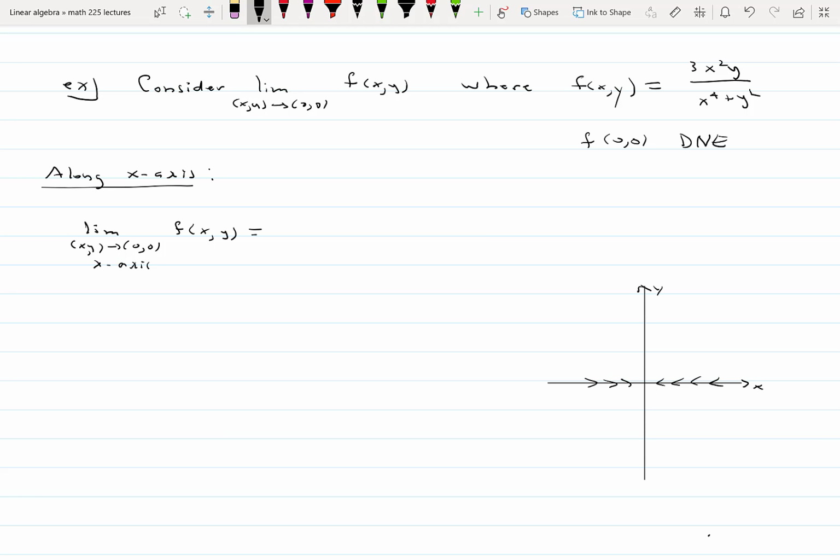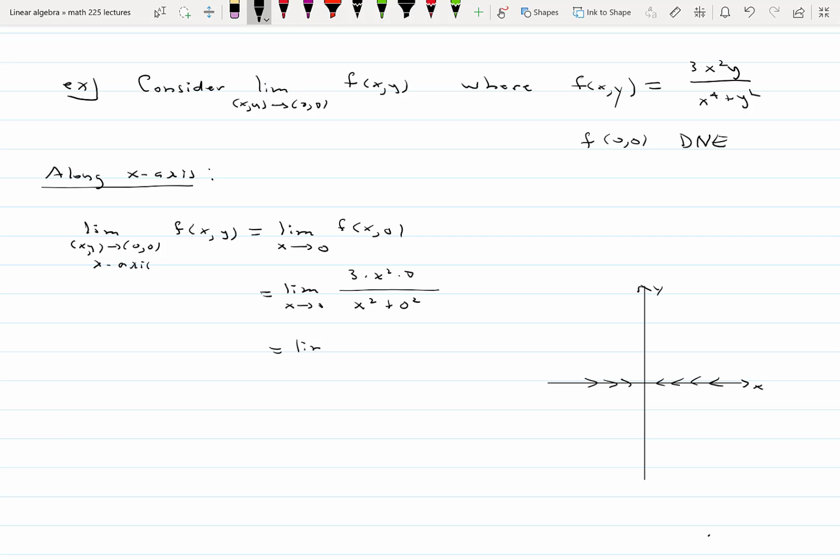Well, along the x-axis, y equals 0. So this is the limit as x approaches 0 of f of x comma 0. Just as before, we plug in x and 0, so it's 3 times x squared times 0 over x squared plus 0 squared.